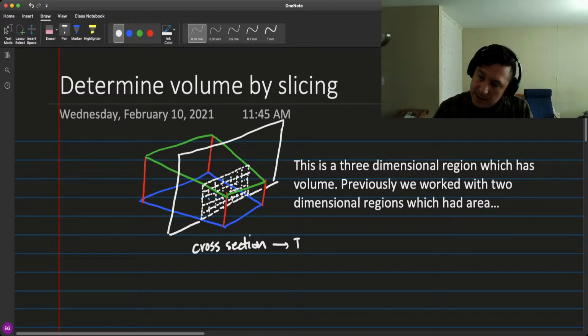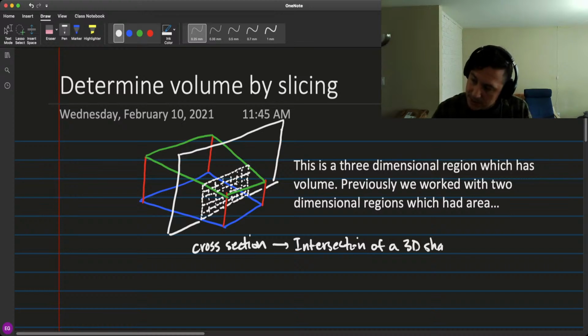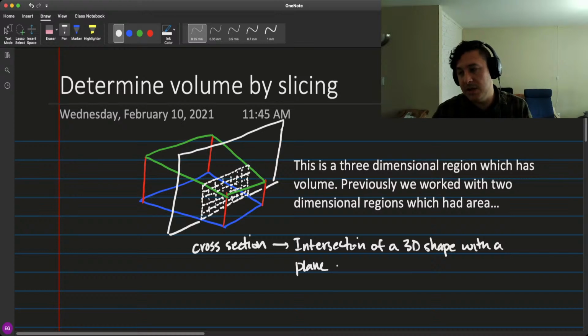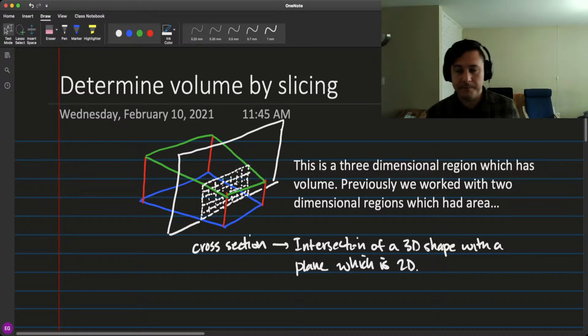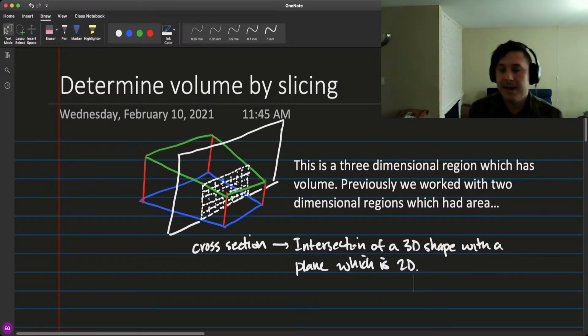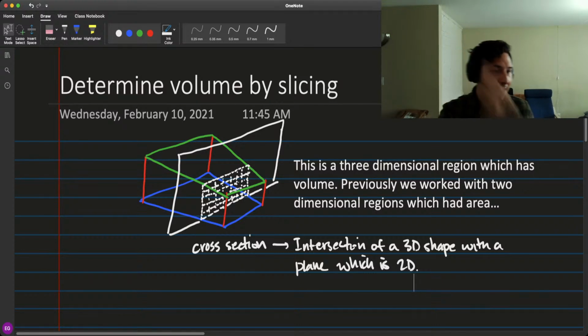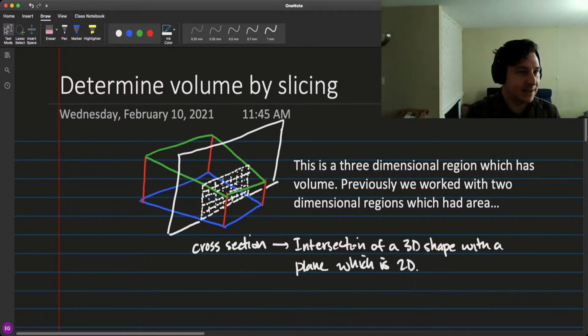It's the intersection of a 3D shape with a plane, which is a 2D shape. That cross-section right there, it only has area. Does that make sense? That little stuff in white.